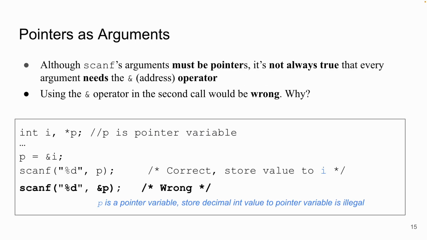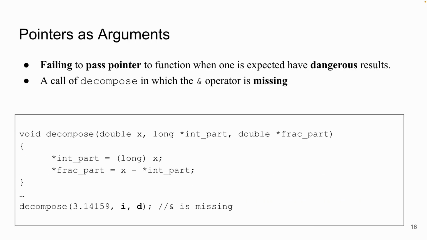For example, for the argument, we need to make sure that the type of the argument matches the type of the parameter. And we need to know when I should apply the indirection operator, when I should apply the address operator, and when I shouldn't apply the indirection operator.